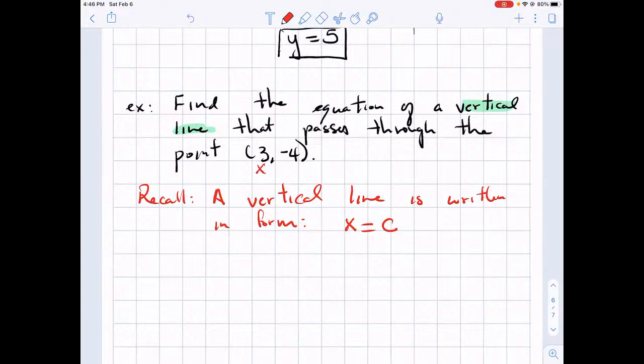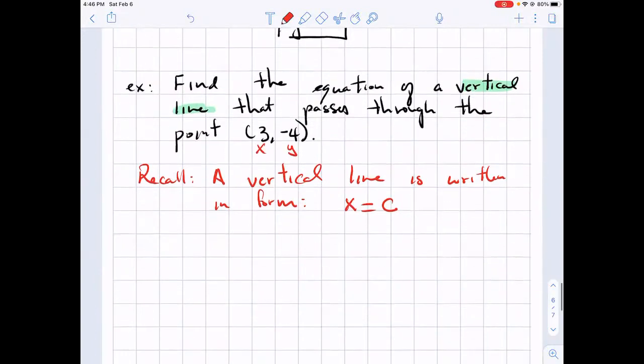So you have x and you have y, and a vertical line crosses the x-axis.